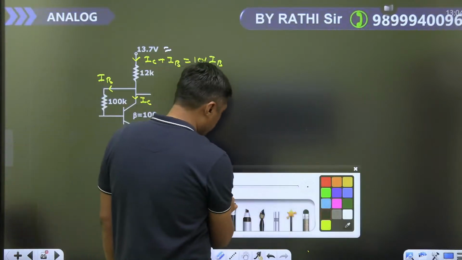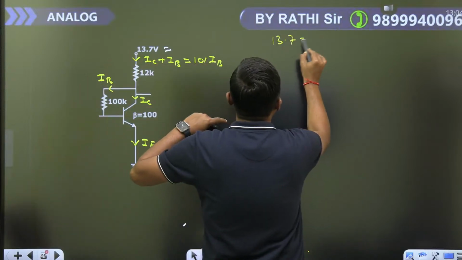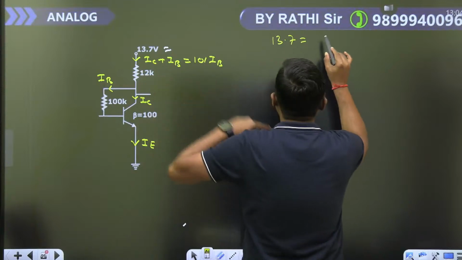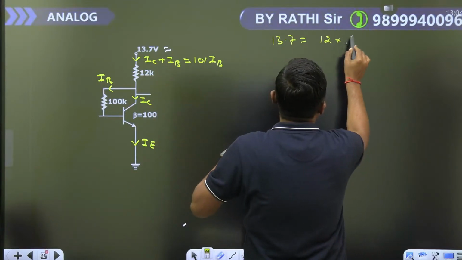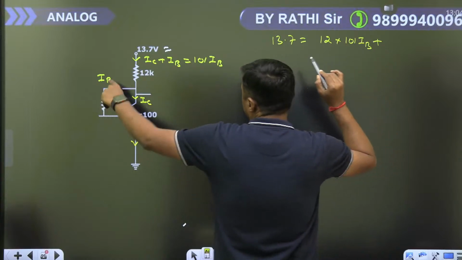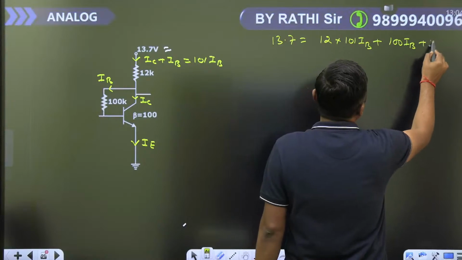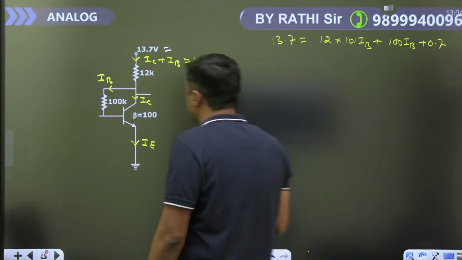Then you can write here 13.7 is equal to 12 into 101 times IB plus 100 IB plus 0.7 volt. This is the 0.7 volt.